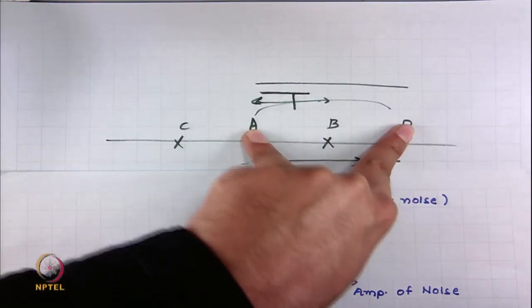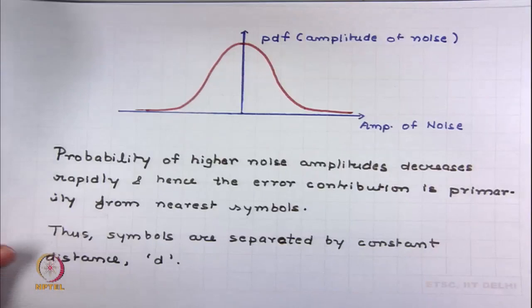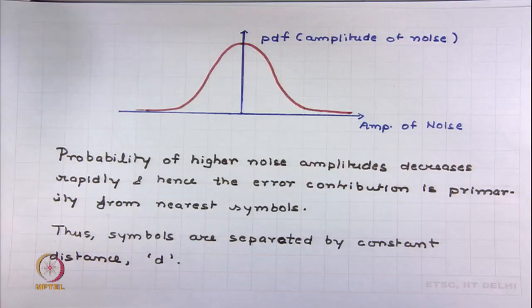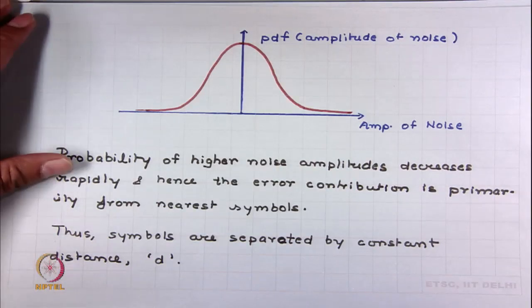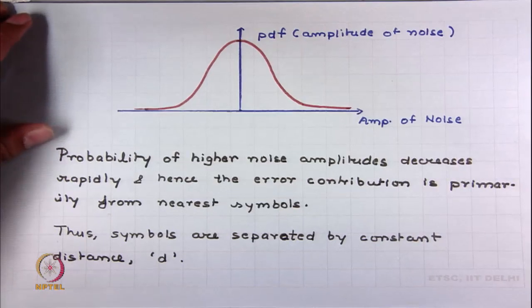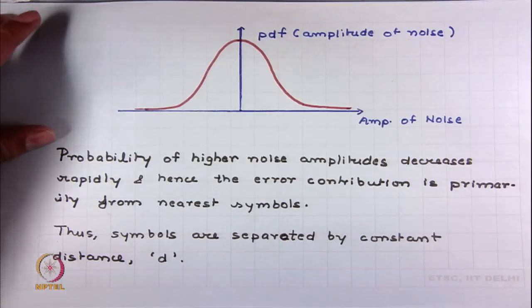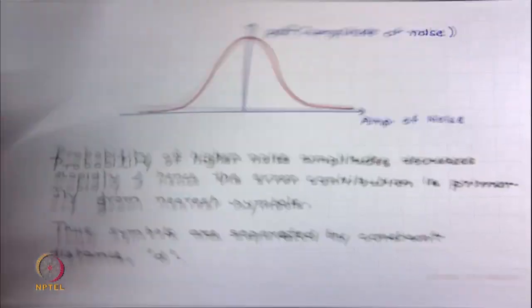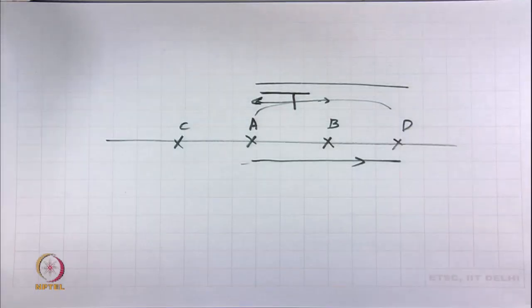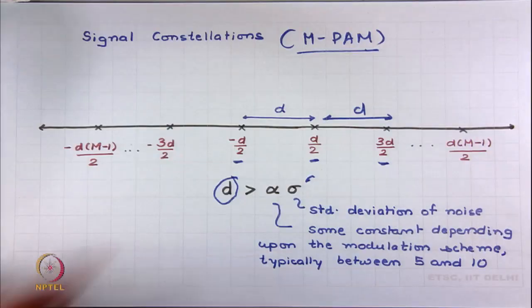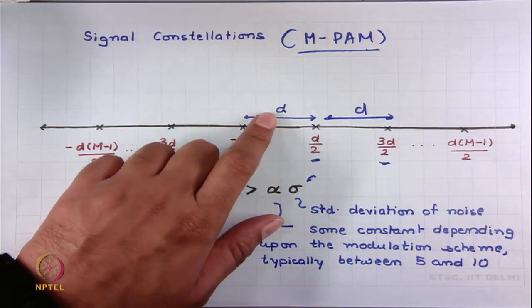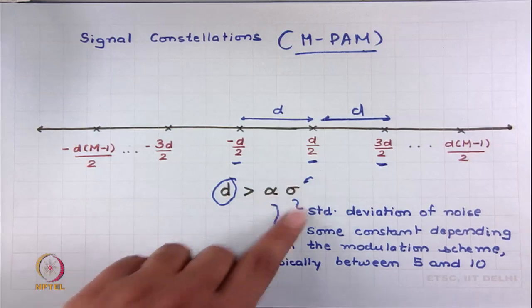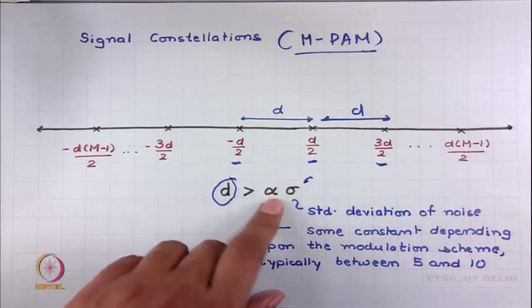with D, right, because the probability of larger noise amplitudes is smaller, and thus most likely the receiver gets confused only from the nearest symbols or nearest neighbors, and thus it is only important to separate the symbols at least by a certain distance D. So, what happens in signal constellation design, let me go back to that signal constellation design, is you choose a value of D, which you can choose depending upon the standard deviation of noise and some constant.